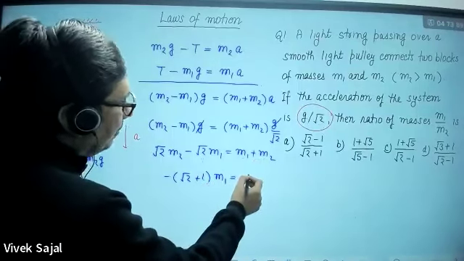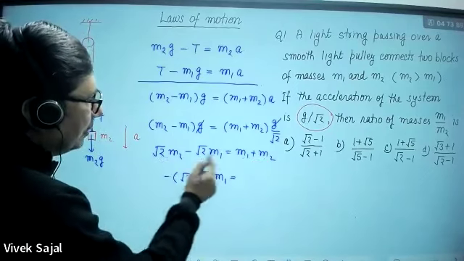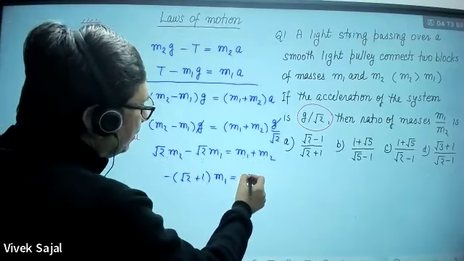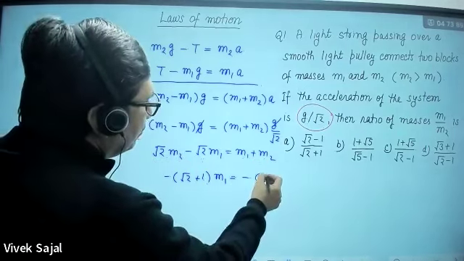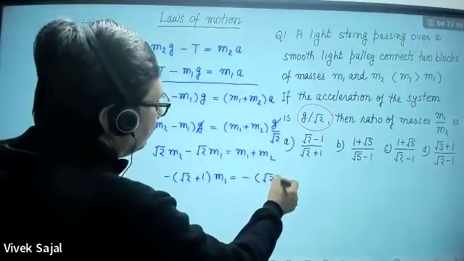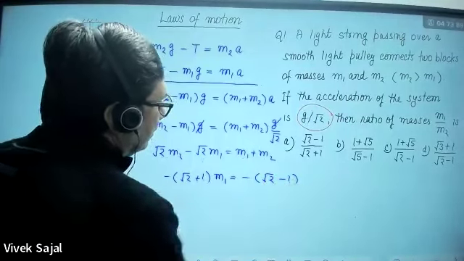And on this side, this will be m2. And if you bring this on that side, then this will be minus, so I take minus common. So this will be root 2 minus 1.